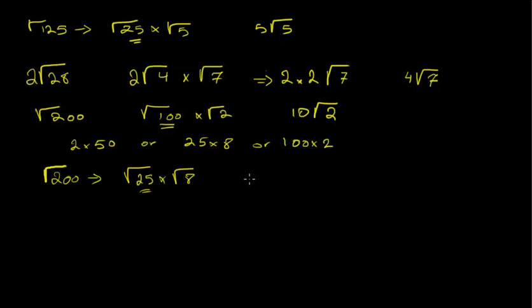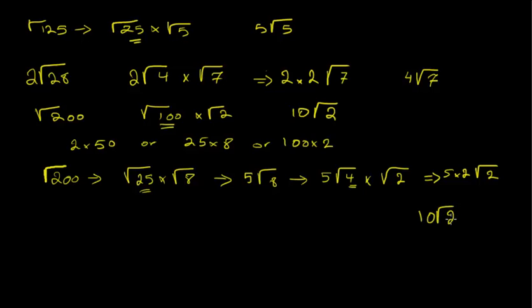The square root of 25, it's a perfect square, is 5, so 5 radical 8. And we can simplify this one as 5 radical 4 times radical 2. The square root of 4 is 2. So 5 times 2 radical 2. The result is the same, 10 radical 2.